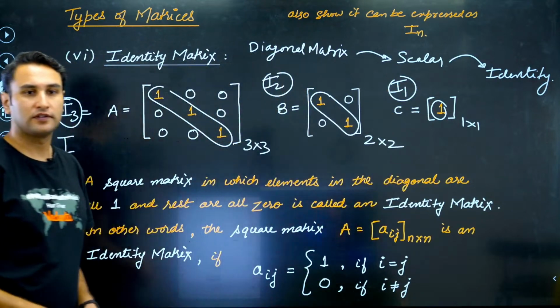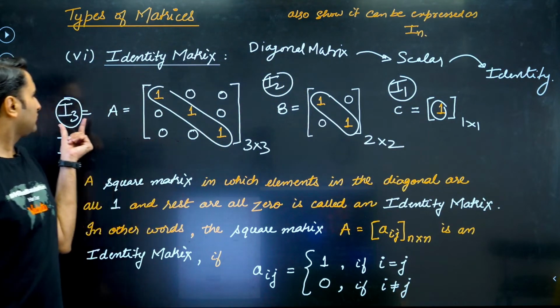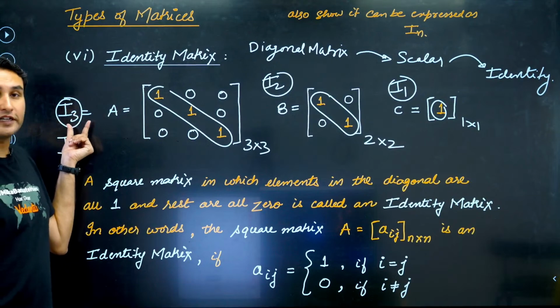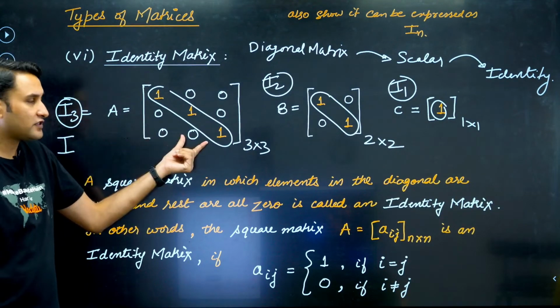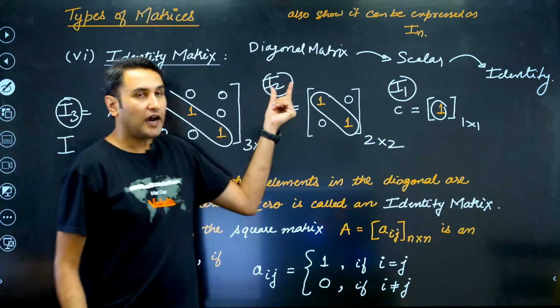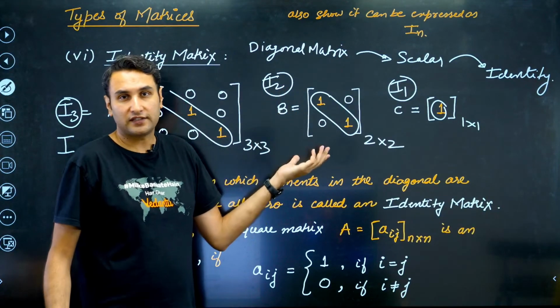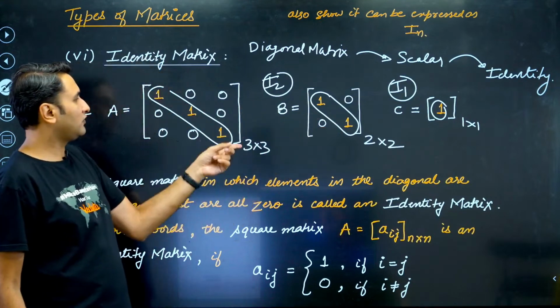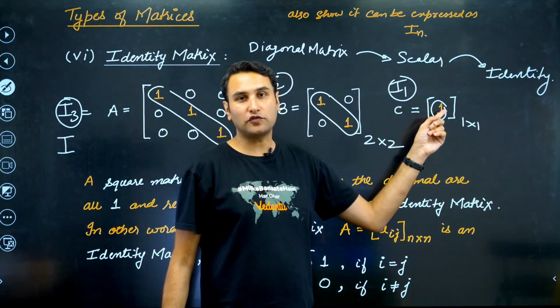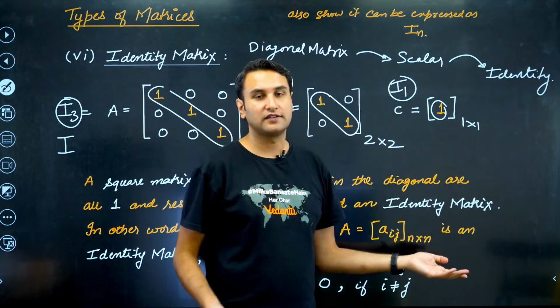Because what else can it be? Identity matrix of order 3 will obviously be this, there is no other option. Identity matrix of order 2, it has to be this, nothing else. Identity matrix of order 1, it has to be this, nothing else.